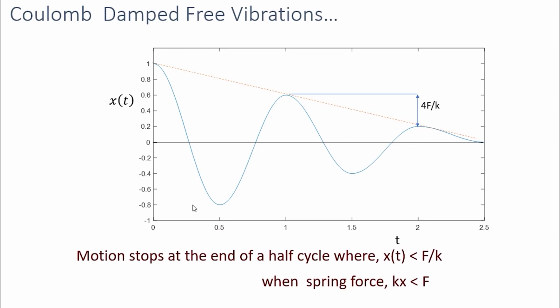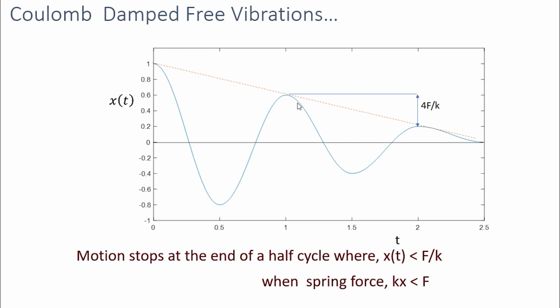So this is the solution of the Coulomb damped free vibration system for an initial displacement equal to 1. So this shows many cycles. So as you can see, the motion decays at each cycle, and the decay in a cycle we can calculate, and that would be equal to 4f by k.